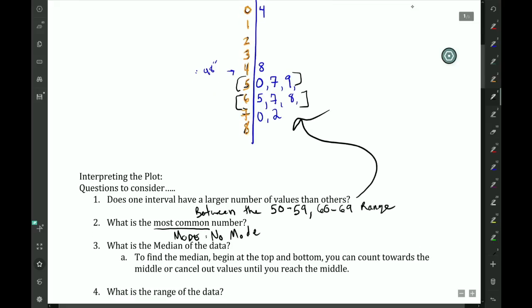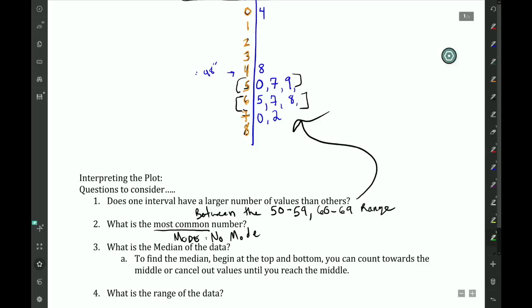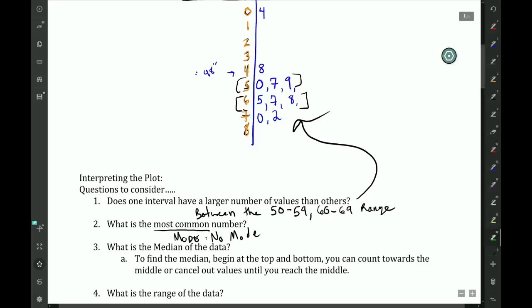The median of the data is similar to how you find the median before. We start at the top and the bottom and cross each other off. So this is 4, cross it off, and we cross off the 72. Next up is 48, cross it off. Next up is 50, cross it off. Then we go to 57, cross it off. We are left with the 59 and the 65.